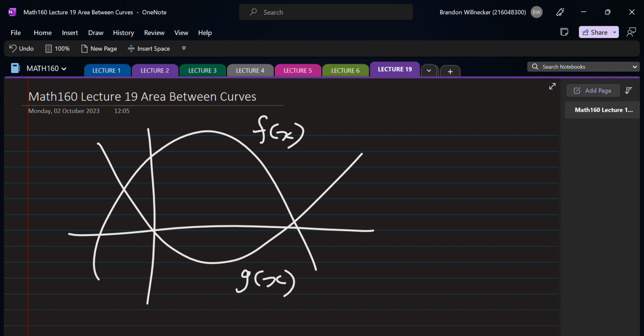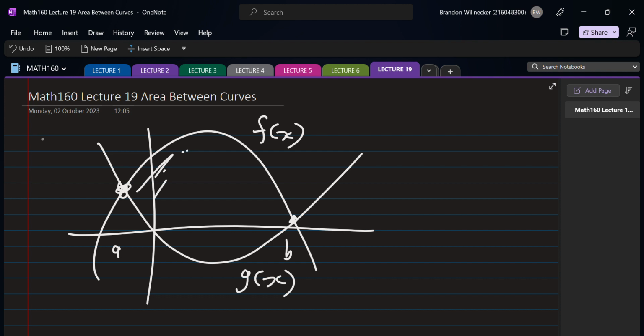So we see that between these two intercepts of the two parabolas, let's say the first one's at A and the second one's at B, these intersection points, A and B, these two functions produce a region. It's an enclosed area between the upper function and the lower function and between the two intersection points.